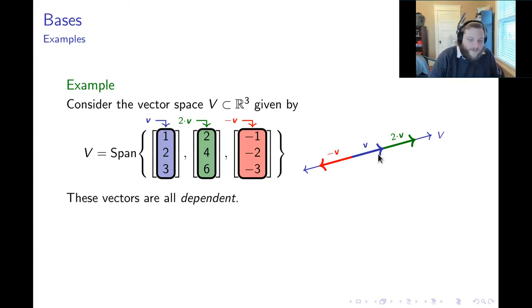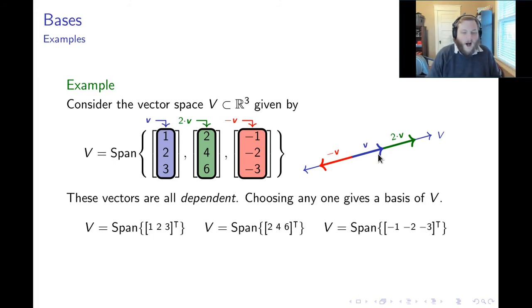So these vectors are dependent. The second vector is twice the first, and the third vector is negative the first. But if you choose any one of these vectors, now you have an independent list, and you haven't changed the span. So if you choose any one of these 3 vectors, you get a basis of V. So V could be viewed as the span of the first vector in the list, but that's the same as the span of the second vector because the second vector is a multiple of the first vector.